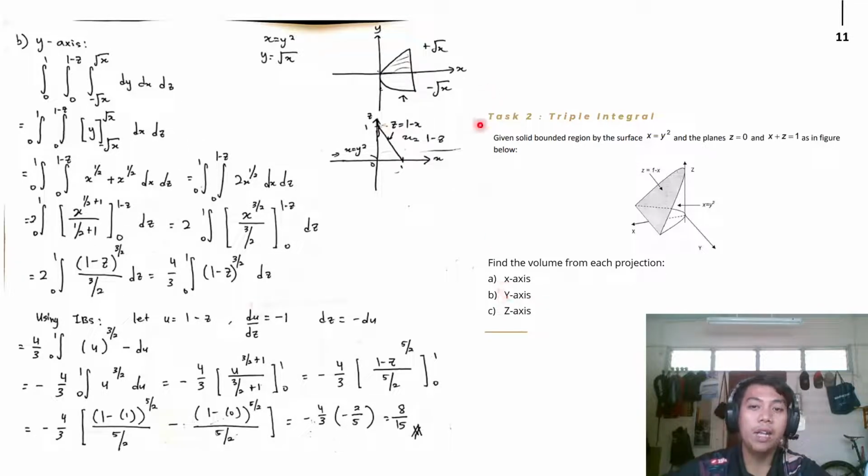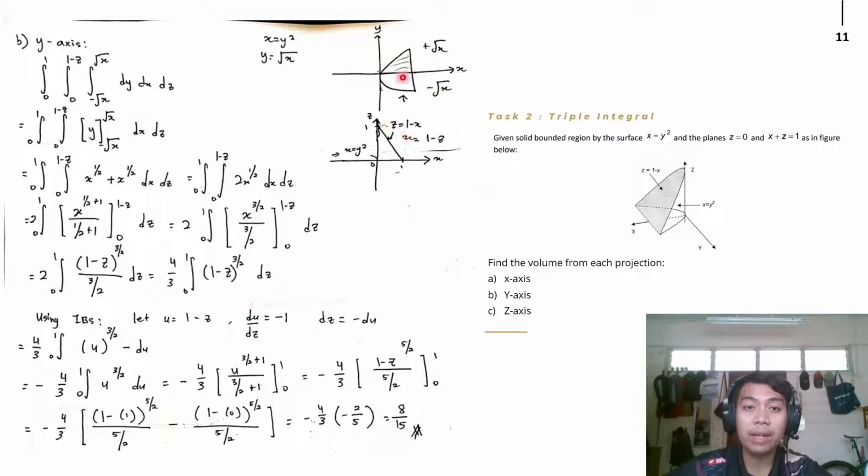Okay, so for the next, we are using the y-axis as the height of our bounded region. If we look at the y and x axes, I take these two axes.